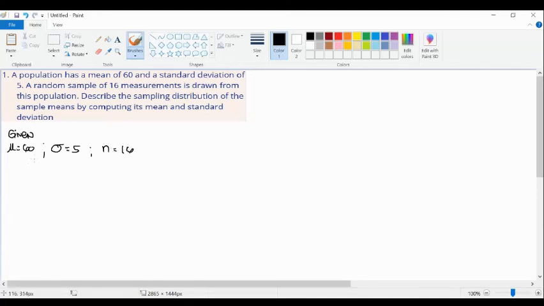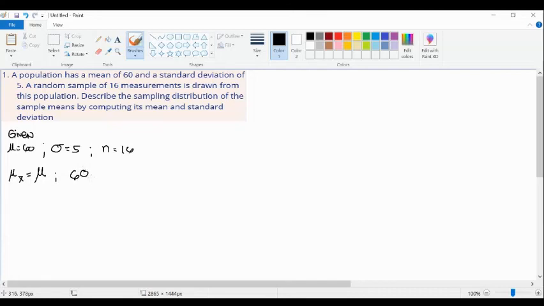Okay, and then the next step is to find the mean of the sampling distribution. To find that, we will use this property: the mean of the sample mean is equal to the population mean, which is 60.